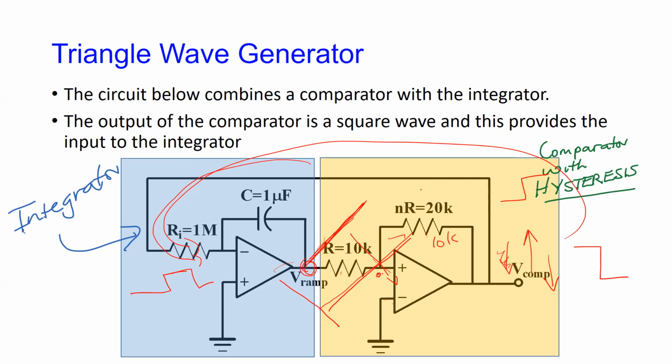I could set the threshold with these two resistors here, but let's just make both of them equal, so it's a 1-to-1 thing, and I have this point here grounded. So let's think here at 0 volts for the time being.